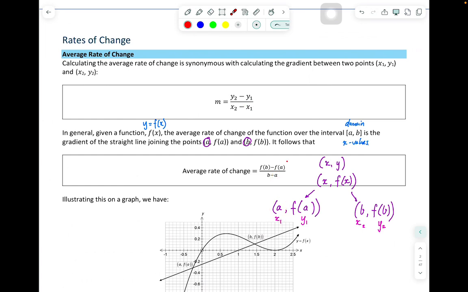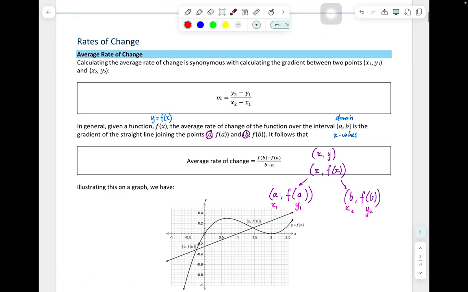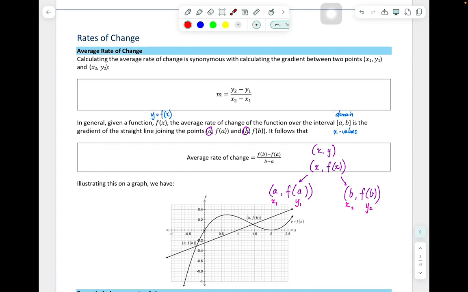Essentially these two formulas are the same. The term average rate of change is exactly the same as our gradient. That's all I want you to take away from this.